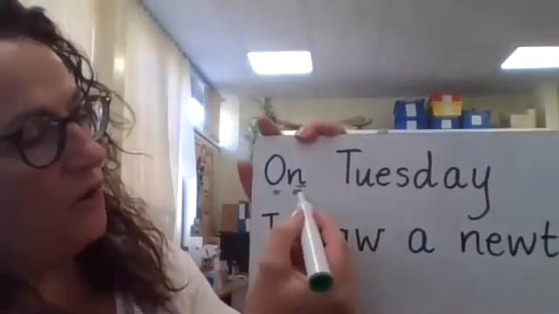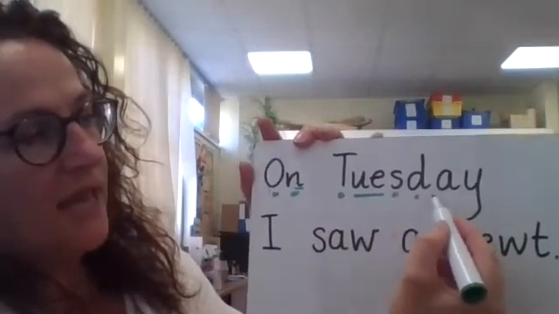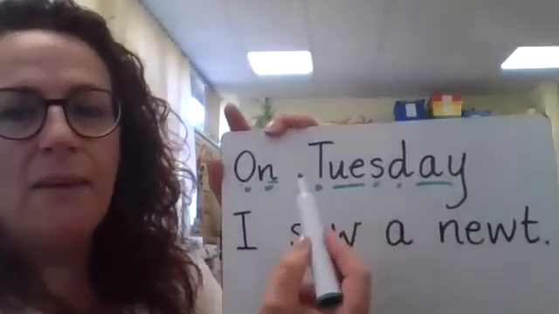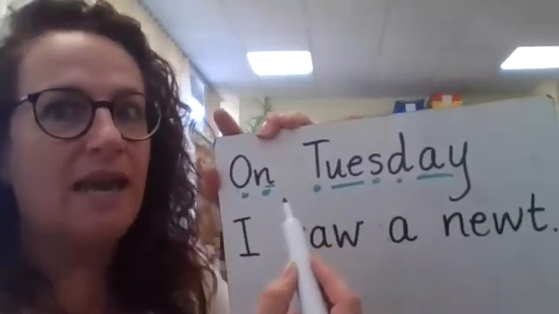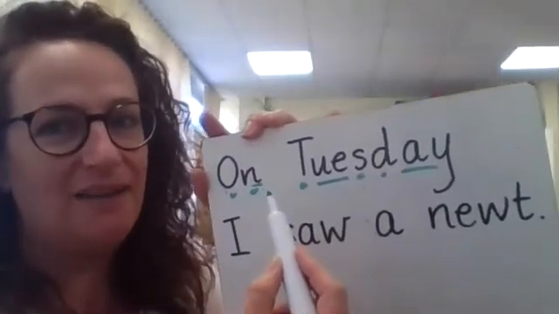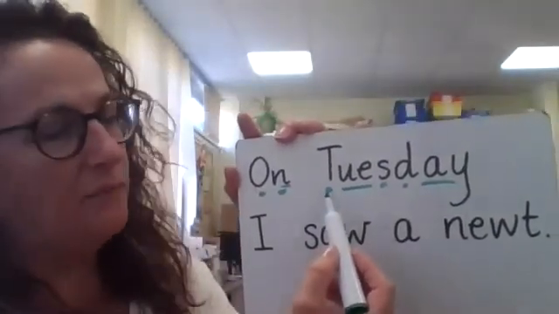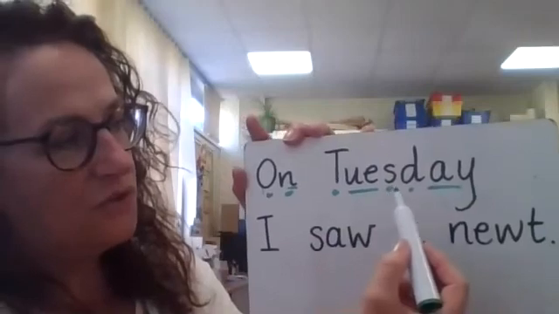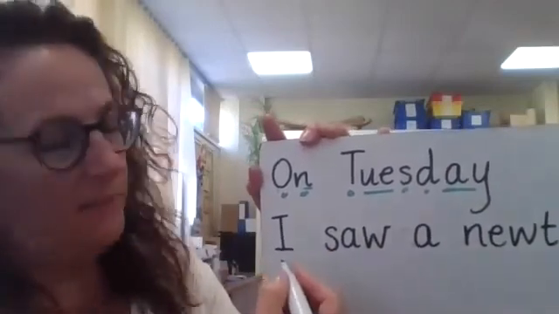So, on, Tuesday. And if you didn't get a capital T for Tuesday, Miss Fothers might growl at you because I gave you plenty of clues. So, capital T for Tuesday is really important.